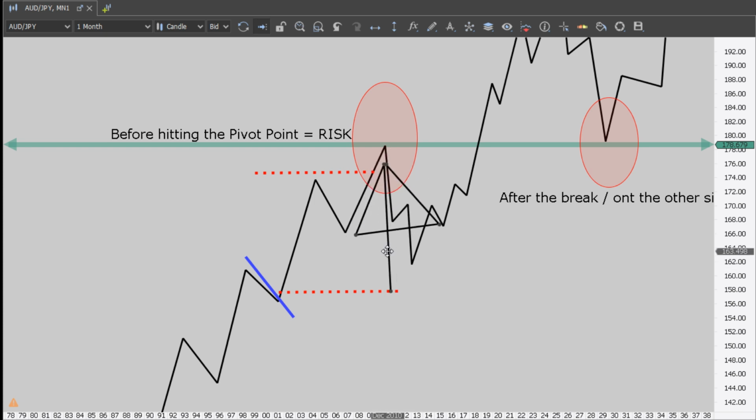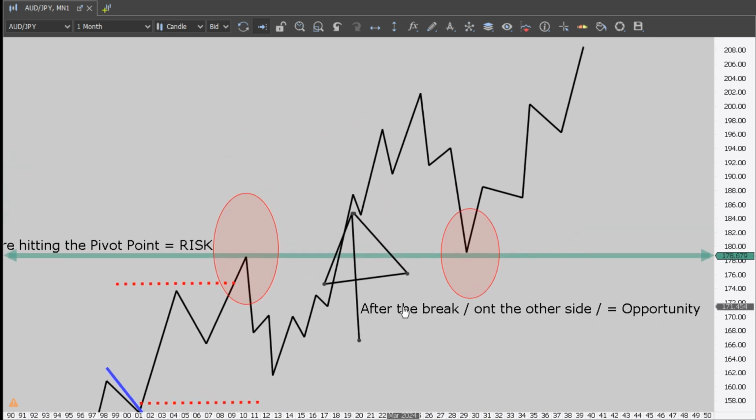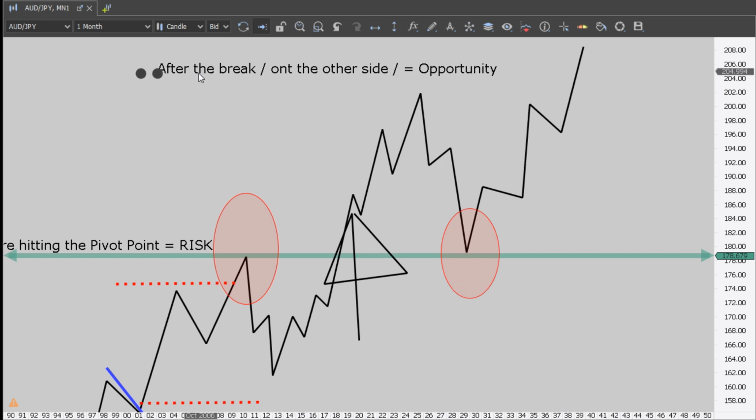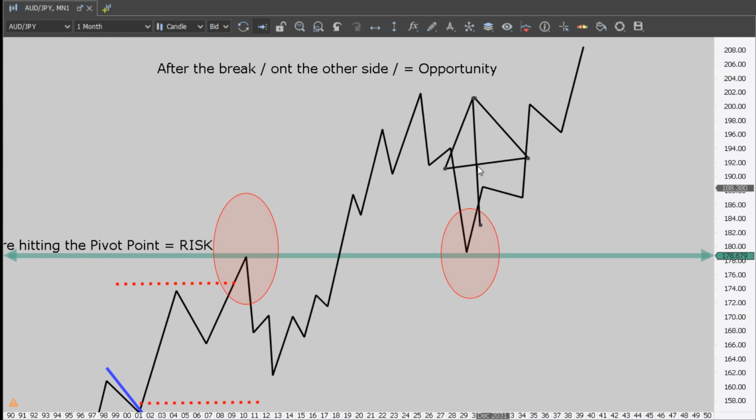Yes, we are going to check Euro JPY if you want, no problem. What is the market doing right now? It's in a pullback. So before hitting the pivot point, this is risk. And after the break, here is the opportunity. After the break on the other side, there is an opportunity.